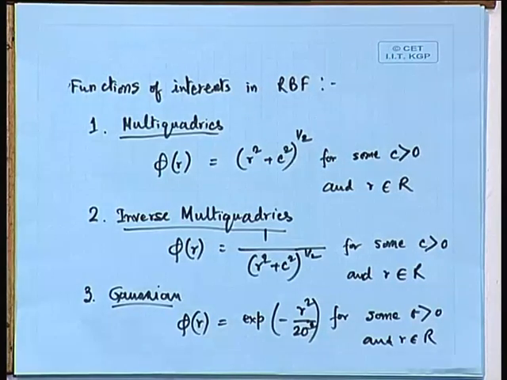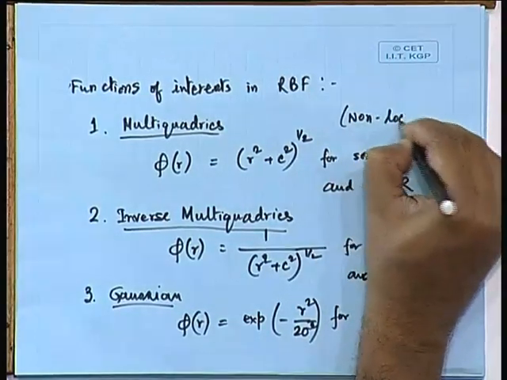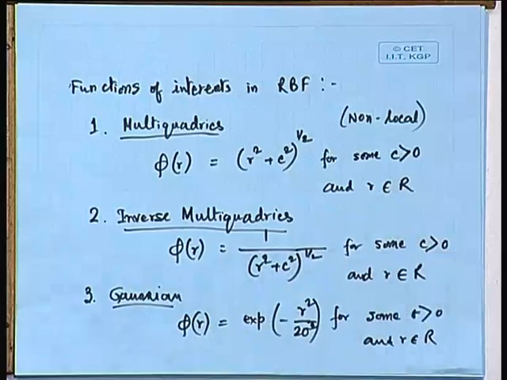As r tends to infinity, phi(r) also tends to infinity. That means this is not a local function, it is increasing. So, we can say this is a non-local function, in the sense that it becomes unbounded as we keep on increasing r.